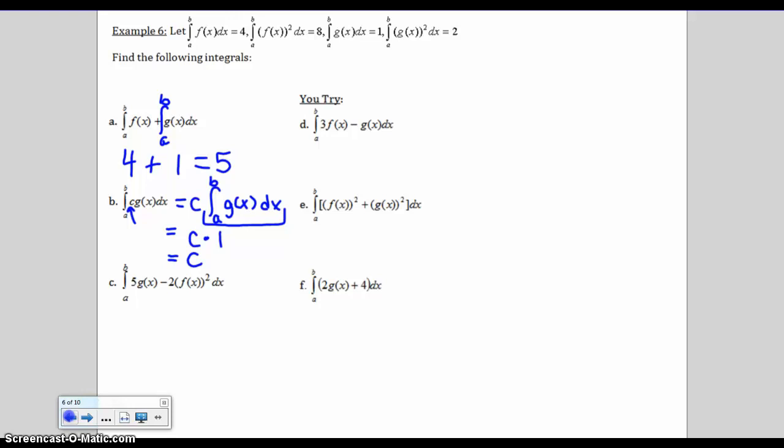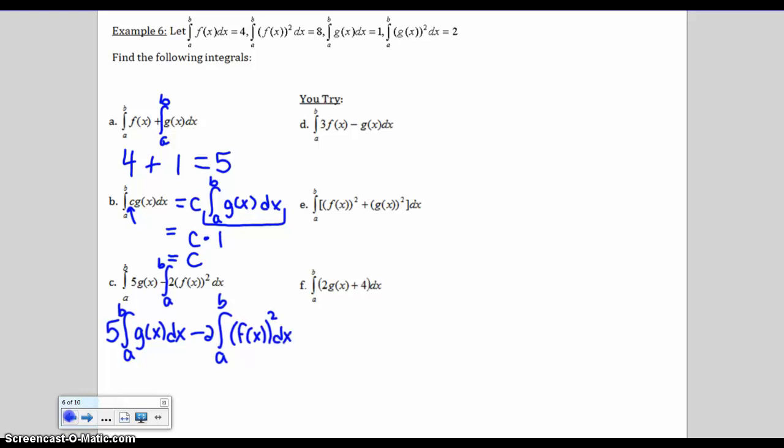So in part c, it's a little more complicated. We're going to have to break this up into two different integrals, and we're also going to have to pull the constants out. So we're going to pull the 5 out. I'm going to pull the 2 out. And notice this is f of x squared dx.